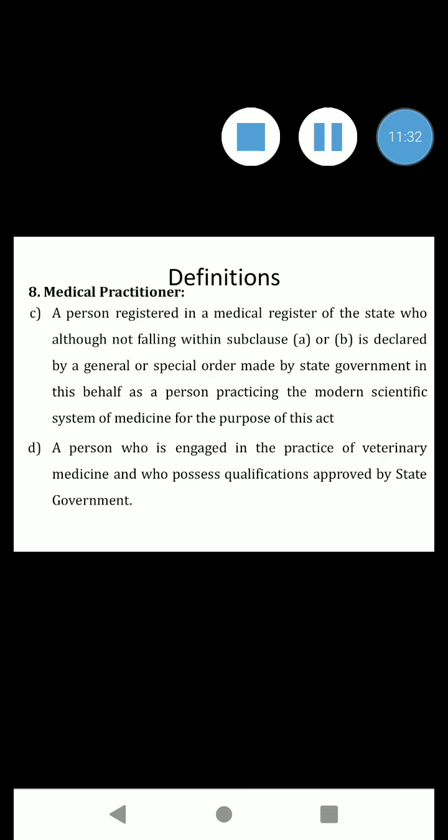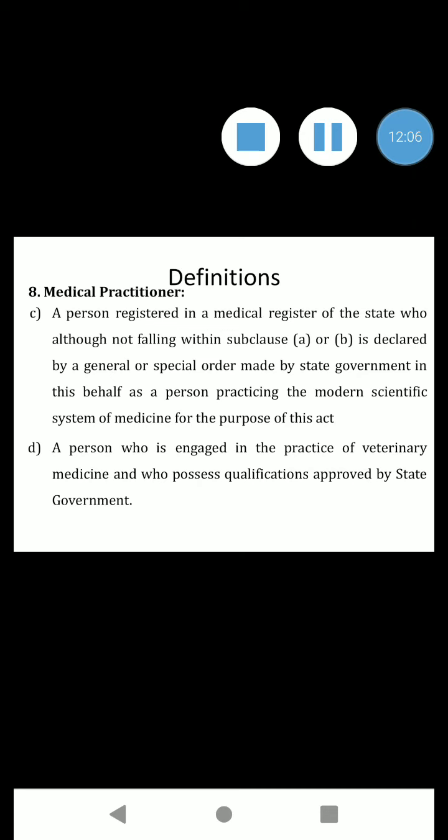Then for the medical practitioner, the next definition part is a person registered in a medical register of a state who is not falling within sub-clause A or B discussed before. This part is declared by a general or special order by the state government in this behalf as a person practicing the modern scientific system of medicine for the purpose of this Act.